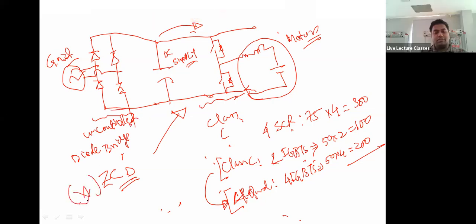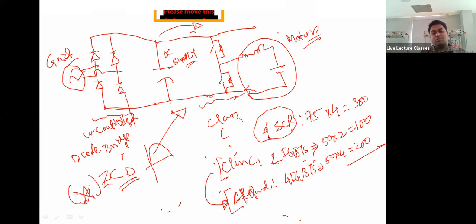A zero crossing detector is not required in an uncontrolled circuit, because you need not see the zero crossing of the sinusoid and then fire the thyristors, right? And for the thyristor circuit, what would be needed? Four thyristors plus a ZCD circuit, and capacitors would also be there. So four thyristors are itself claiming more money than that, right?